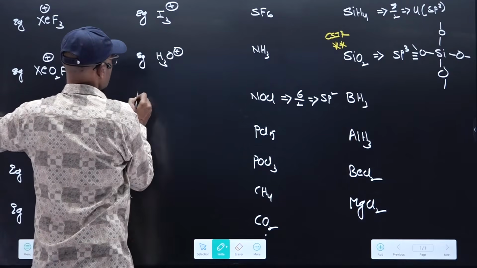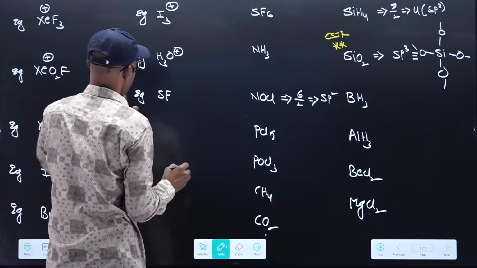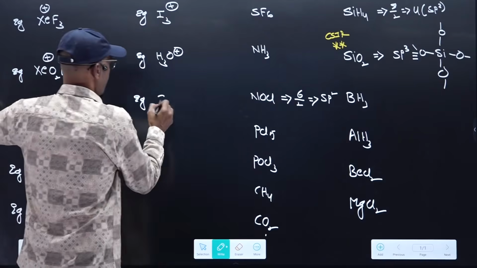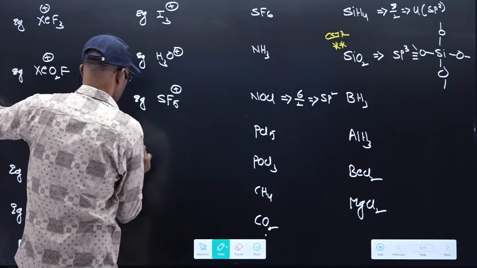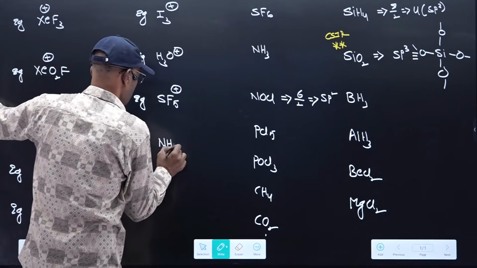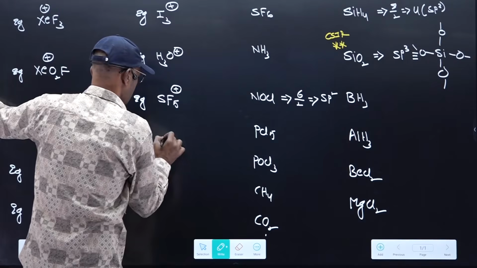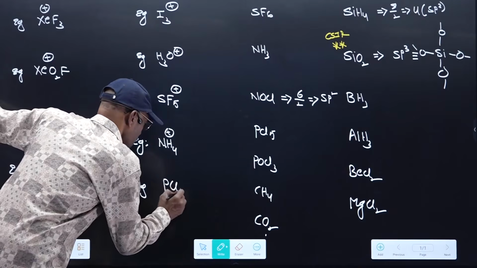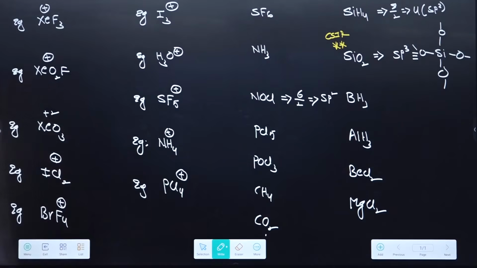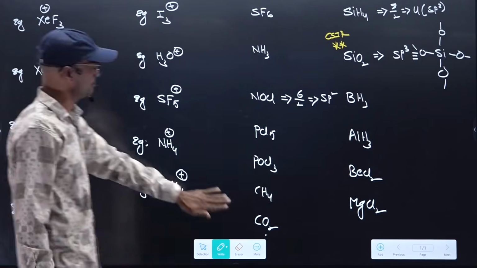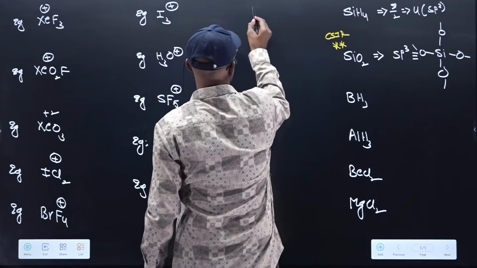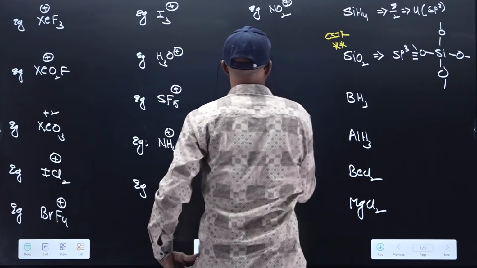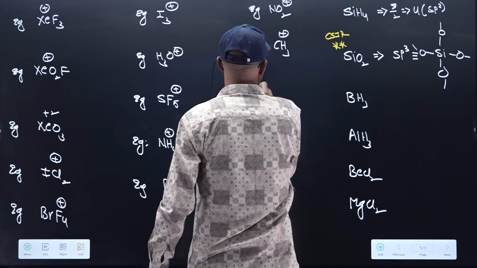So oxygen H3O plus, NH4 plus, PCl4 plus, carbocation CH3 plus.